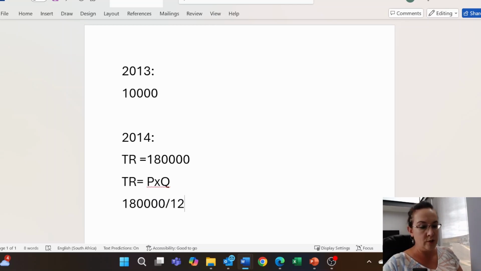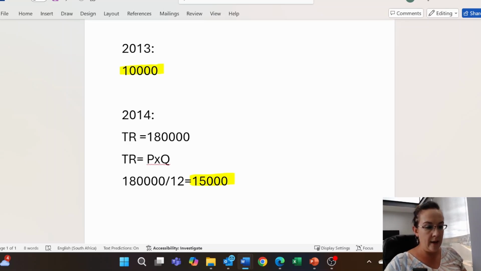That was $12. That will give us a value of 15,000 units. Now that we have the quantity in both 2013 and in 2014, we can actually go and calculate the percentage change in market growth using the volume metric.